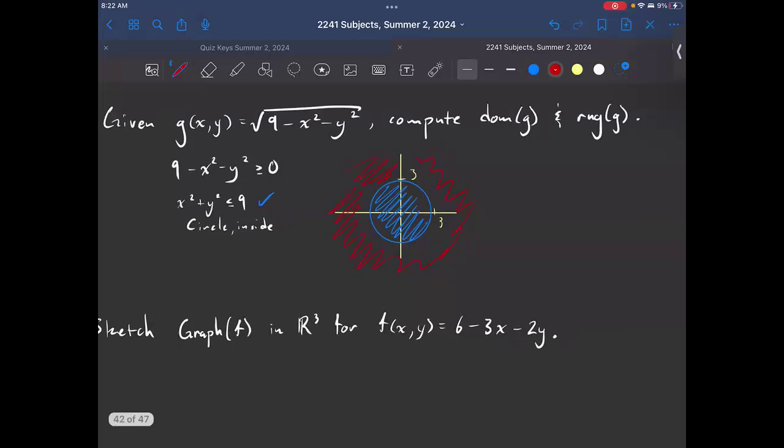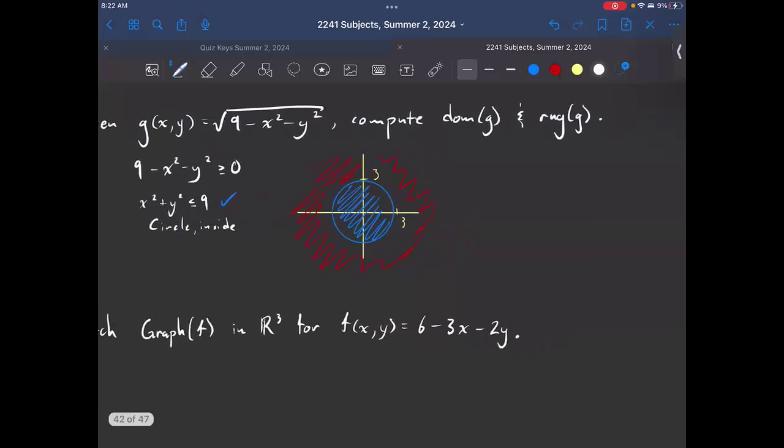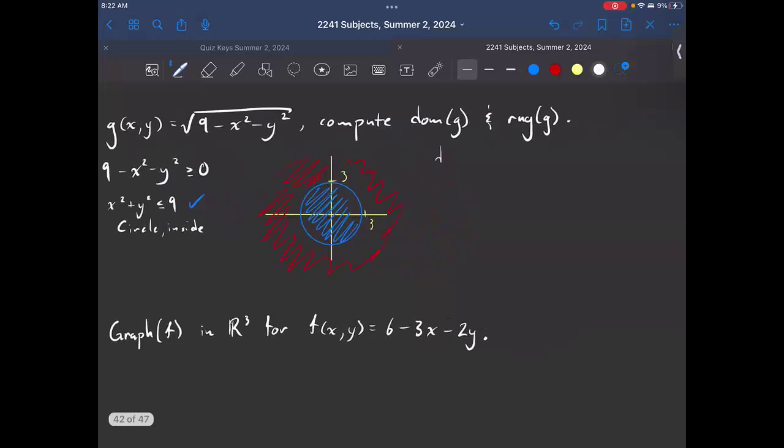All right, so the domain of G is all of the x, y pairs so that x squared plus y squared is less than or equal to 9.